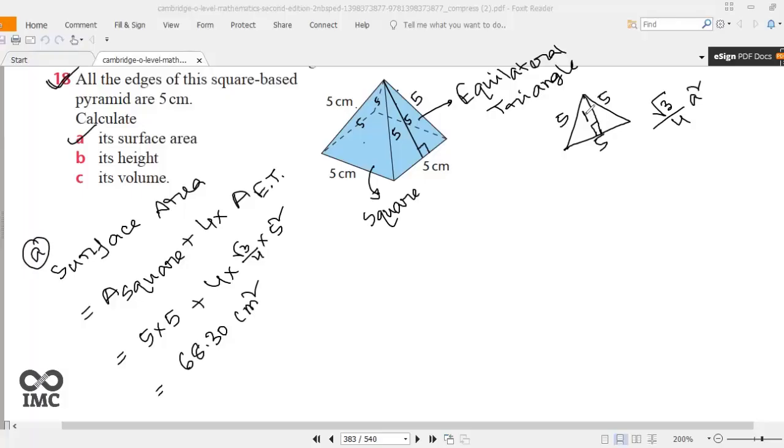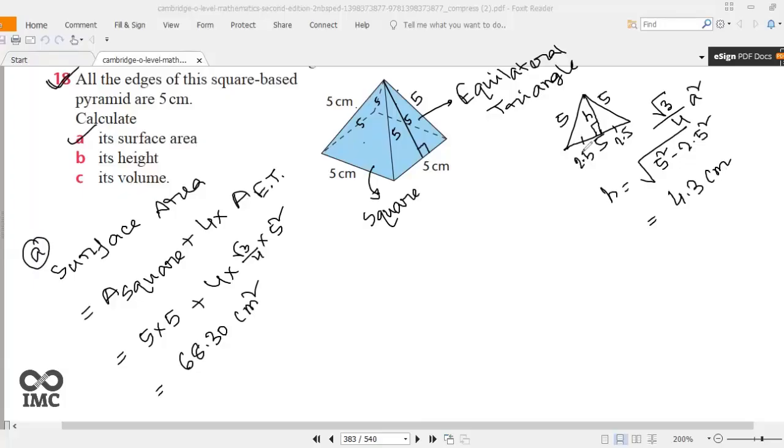We can find it using the Pythagoras theorem. When we draw the height this way, it divides this line into 2 parts: this part will be 2.5, this part will be 2.5. So the height will be root over 5 squared minus 2.5 squared. After calculating, we get 4.3 centimeters.